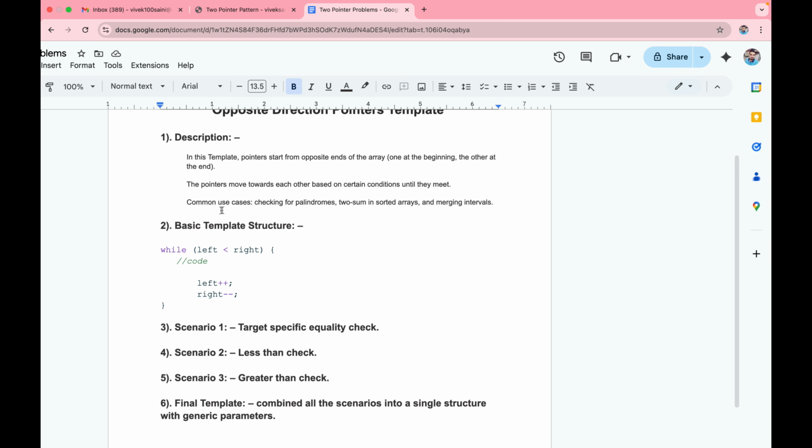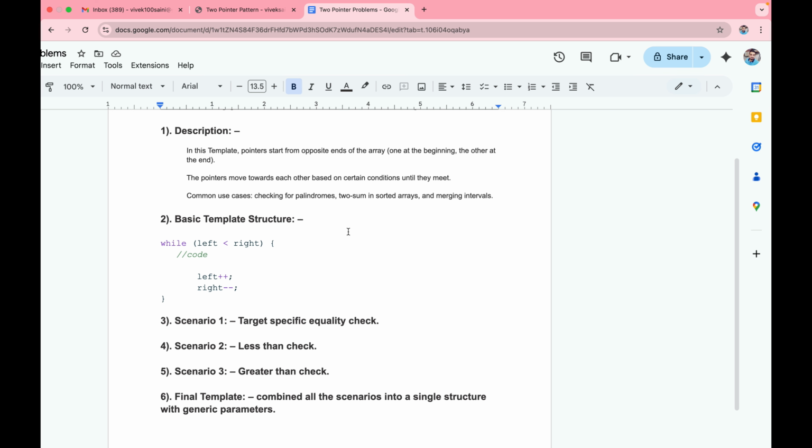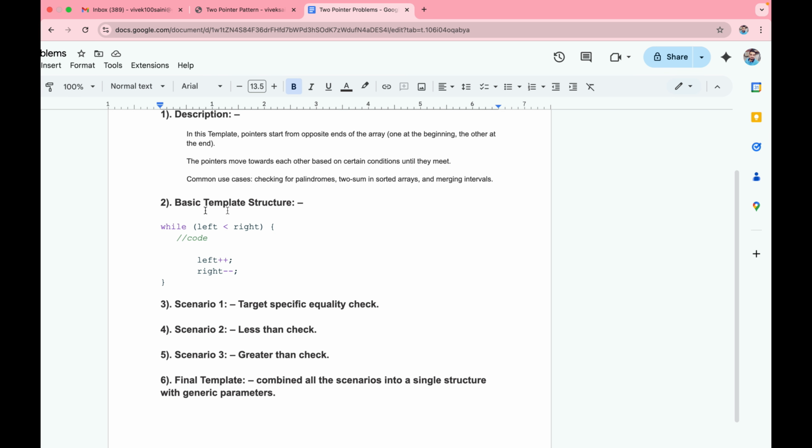Common use cases of this template: checking for palindrome, two-sum in a sorted array, and merging intervals. If we have a problem like this, we can easily use this template. Now the basic structure.